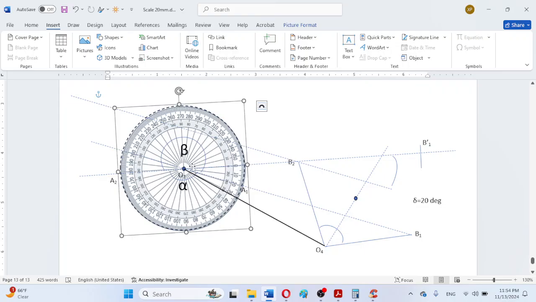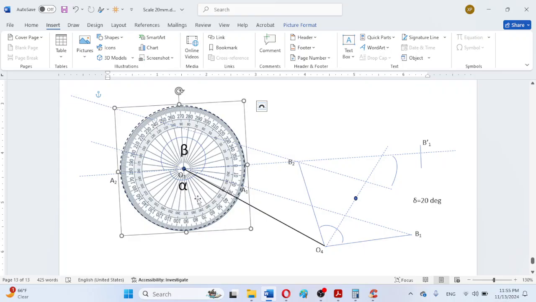So the angle beta is actually about 200 degrees, whereas this is equal to 160 degrees, because here it is 20 degrees. So from this position of the crank, from A2 to A1, this is about 160.